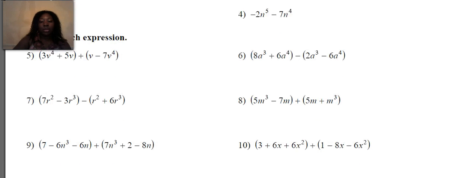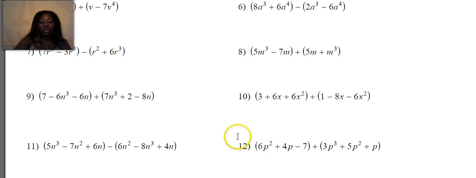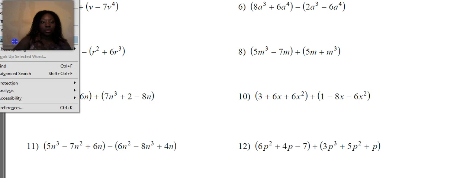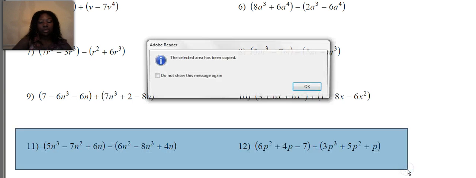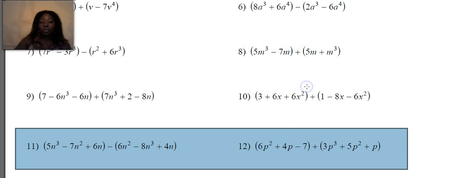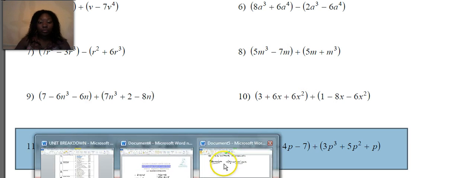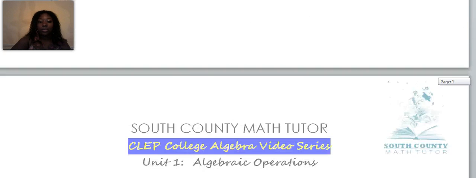We can name these now. Let's just go ahead and use these. All right, let's go to the next page.